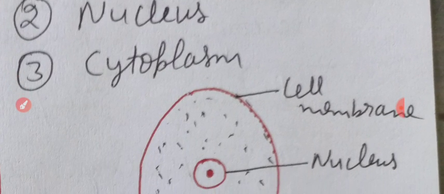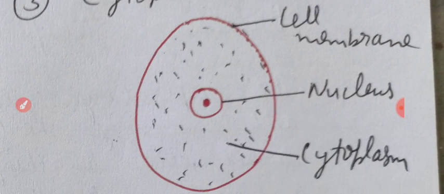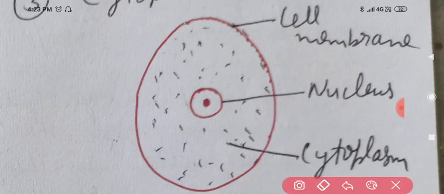This is the structure. If we broadly classify, this is a rough diagram. The outer covering is the cell membrane.